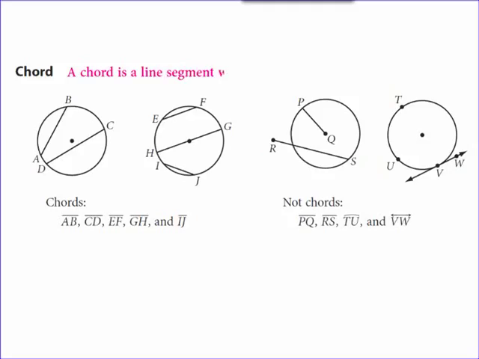A chord is a segment whose endpoints lie on the circle. It's a line segment whose endpoints lie on the circle. Now notice they can lie anywhere, but that's why you specify that it's a segment.